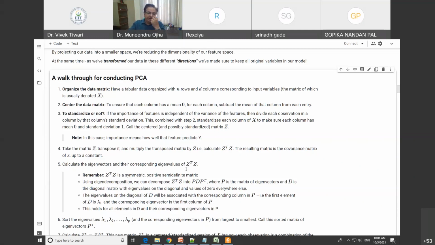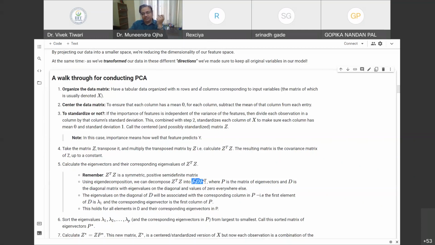Yesterday also we talked about the matrix of eigenvectors, and D is a diagonal matrix of eigenvalues. We will see how we do that. The eigenvalues on the diagonal of D will be associated with the corresponding column of P.